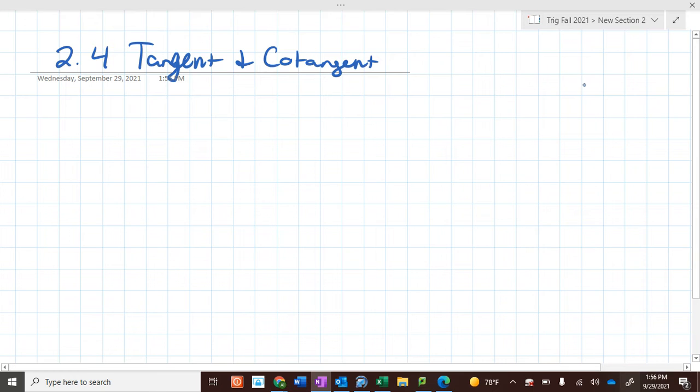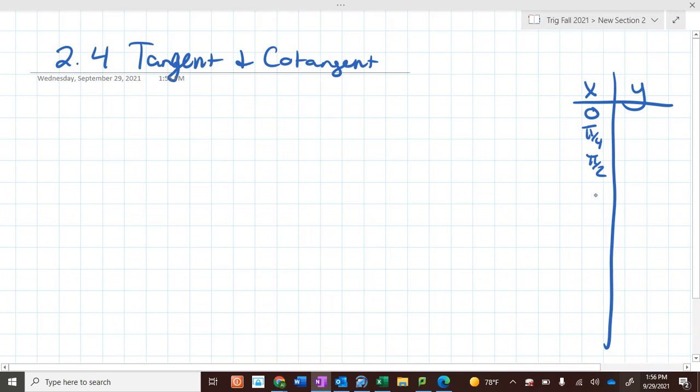Well, if we're at 0, pi over 4, pi over 2, 3 pi over 4, pi, 5 pi over 4, 3 pi over 2, 7 pi over 4, and 2 pi. Let's do tangent first.